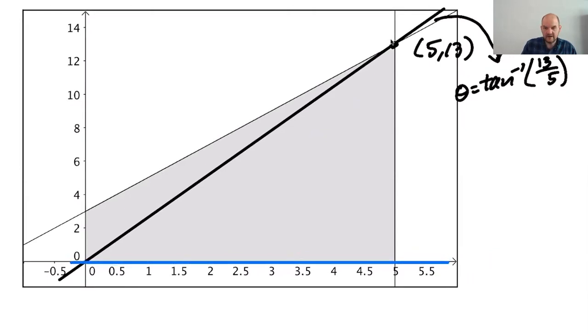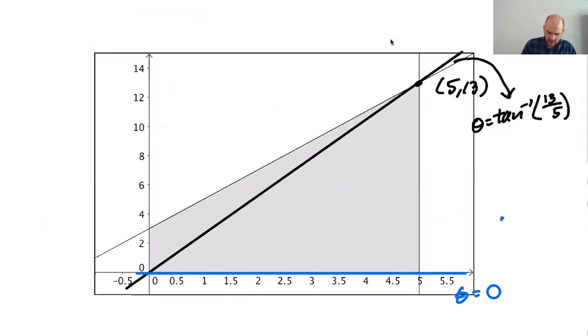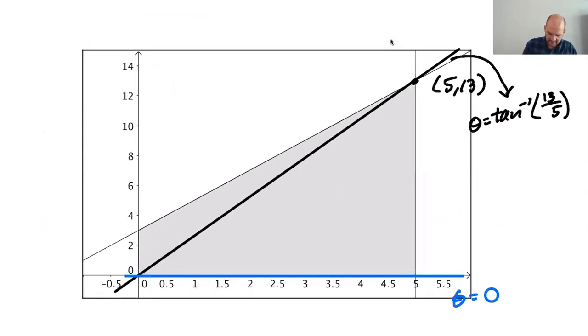Okay. We're going to start at theta equals 0, and we're going to rotate through the region from 0 until we get to the inverse tangent of 13/5. Autocorrect is killing me.